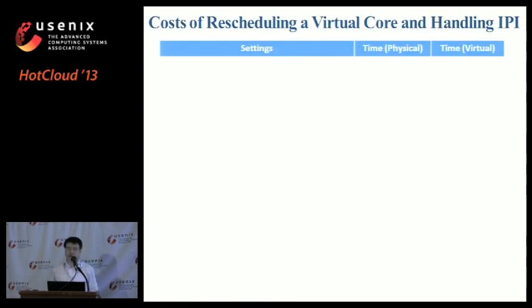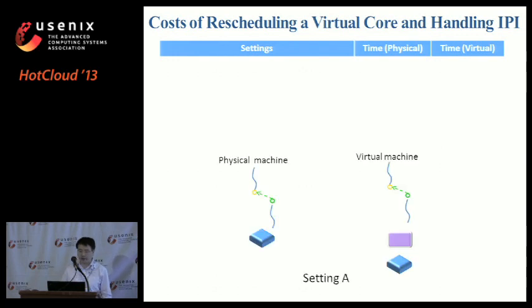To estimate the cost of scheduling a virtual core and handling IPI, we run the threads in the previous example under different settings. In the first setting, we run the two threads on the same core, either the same physical core on the physical machine or the same virtual core on the virtual machine. Because the threads are running on the same core, we don't need to pay the cost of handling IPI.